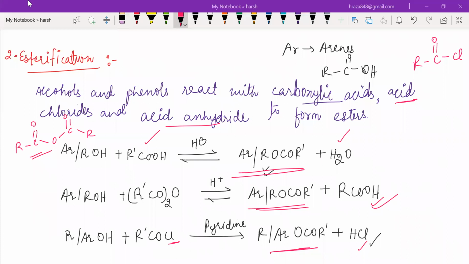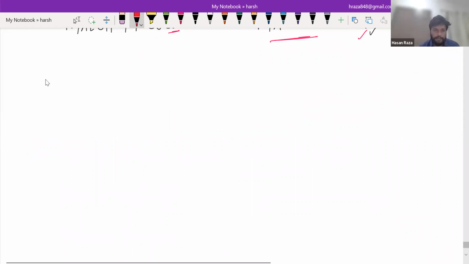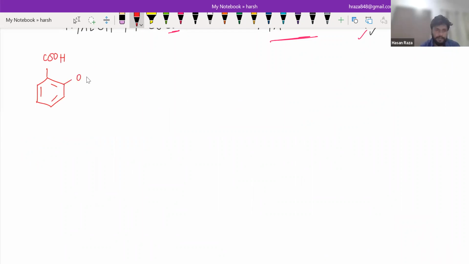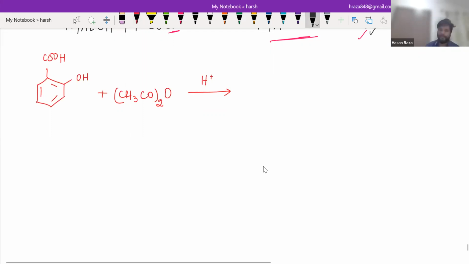Now, there is a reaction which is very important. This is basically carboxylic acid with an alcohol group, and you are going to react this with acid anhydride in the presence of acid. What happens here is very important.